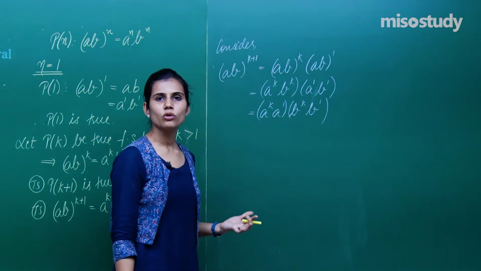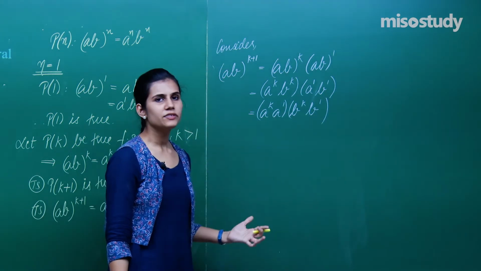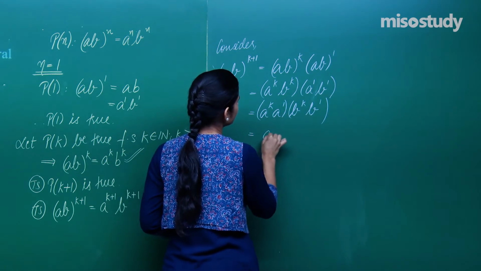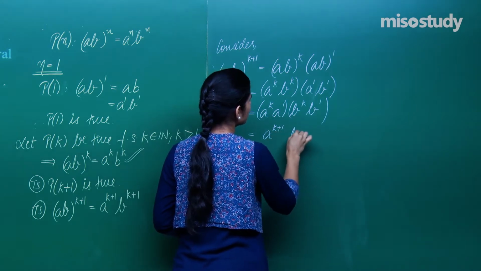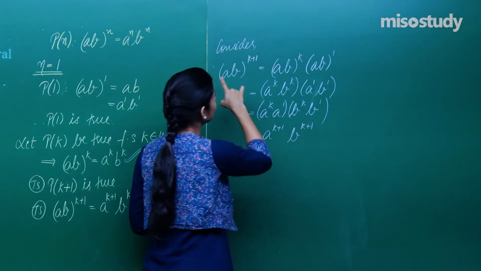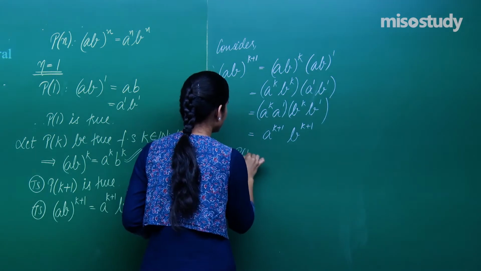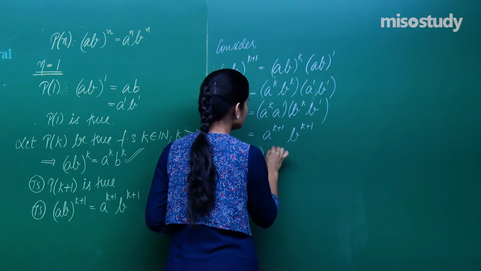Right? Associativity holds with respect to multiplication. Commutativity holds with respect to multiplication in real numbers. What is this, a to the power k into a to the power 1? It is a to the power k plus 1, and this is b to the power k plus 1. Hence you have established what you wanted to, which implies Pk plus 1 is true.